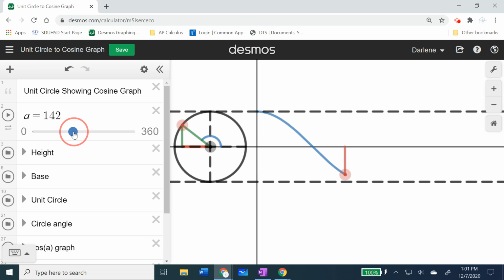We keep following it, and eventually x hits -1. And then it starts its way back up. Finally, at 270, the x coordinate is 0 again. And then the unit circle has its x coordinate grow back to a value of 1 as it finishes the cycle. And so that is your graph of cosine.